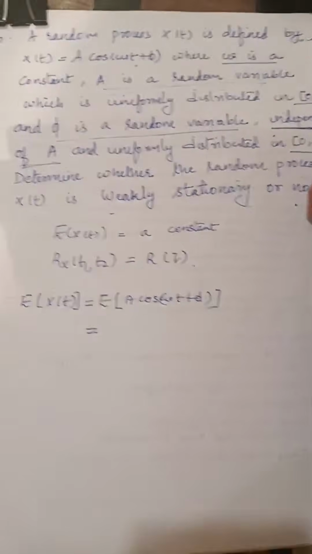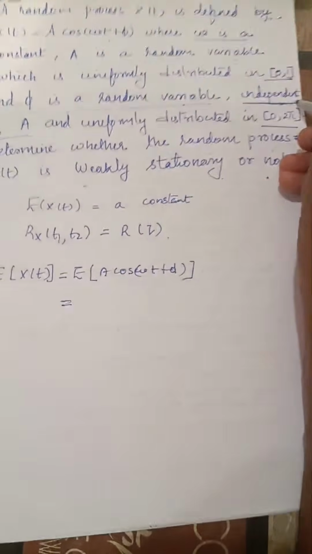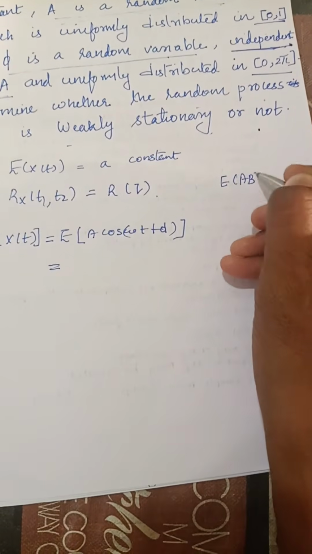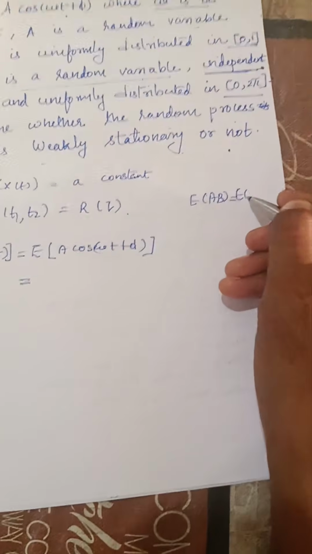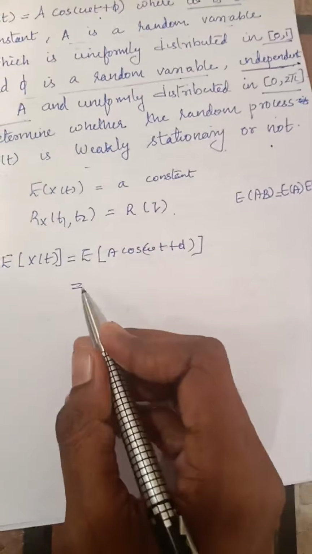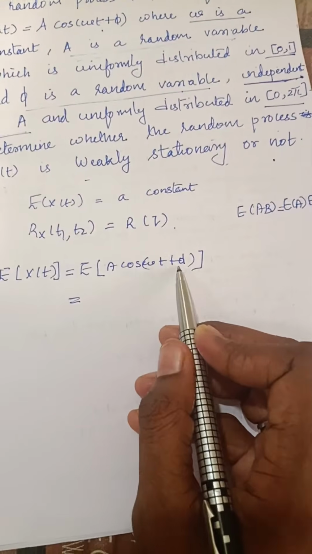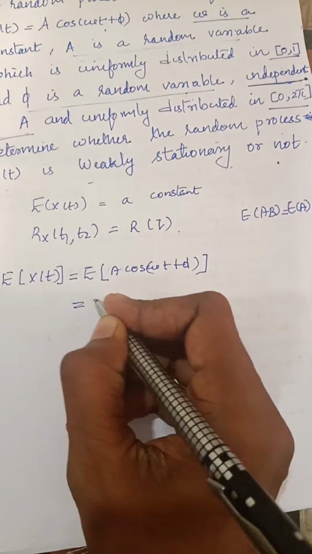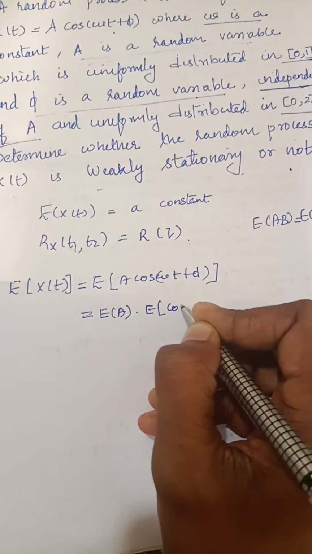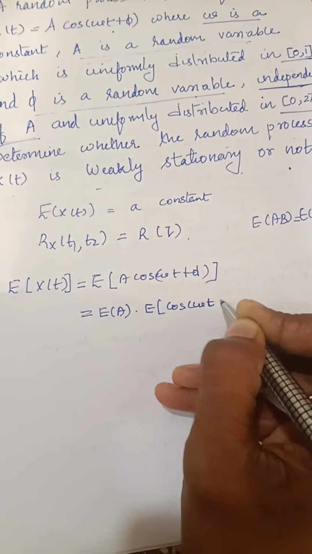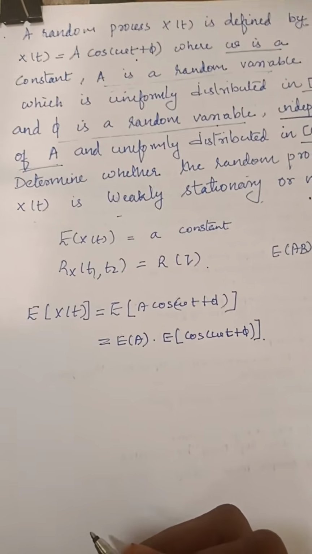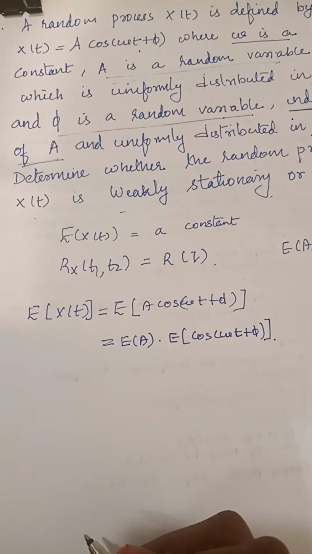If random variables A and B are independent, then expectation of AB can be written as expectation of A into expectation of B. So since A and phi are independent, we can write this as expectation of A into expectation of cos(omega t plus phi). Now let us see what is expectation of A and expectation of cos(omega t plus phi).